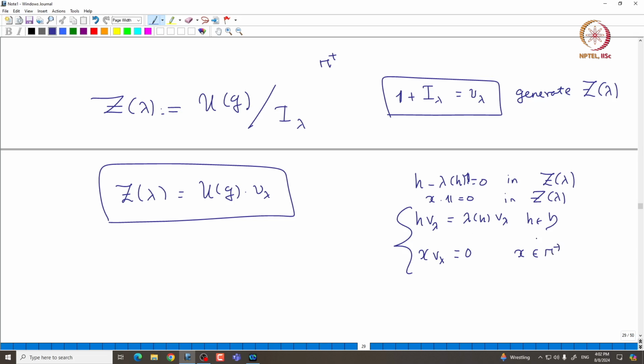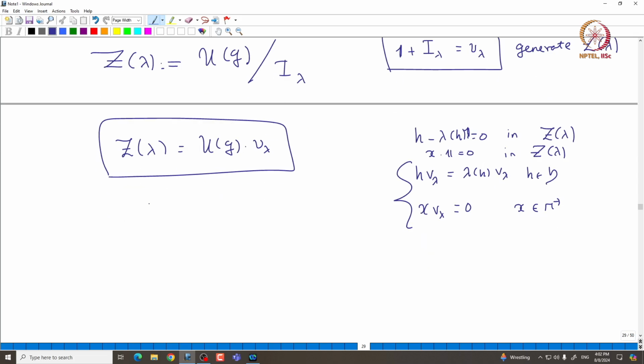So you are simply demanding the relations that you needed and going modulo that, and then you get a UG module, which is cyclic and has these relations.